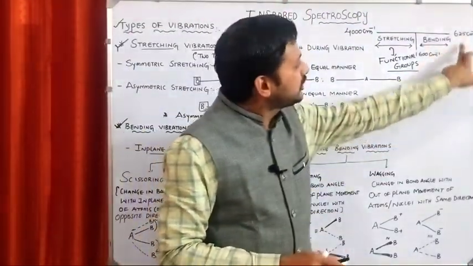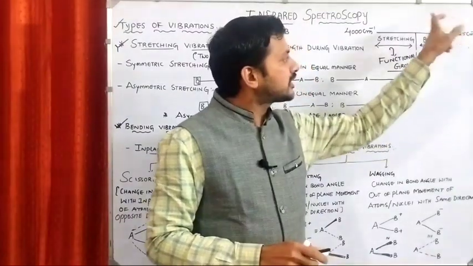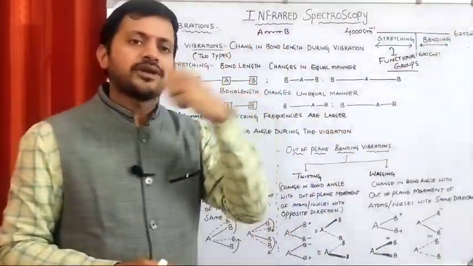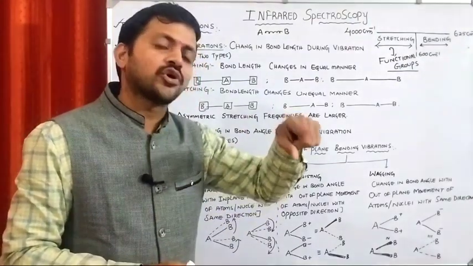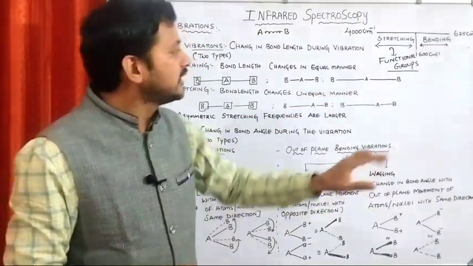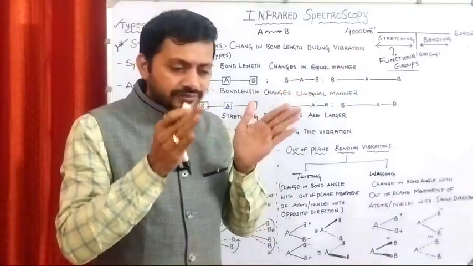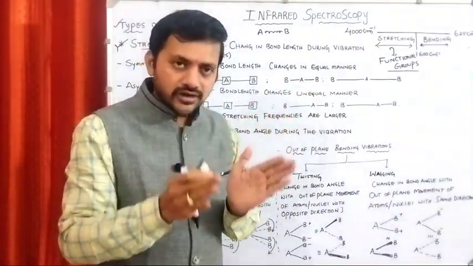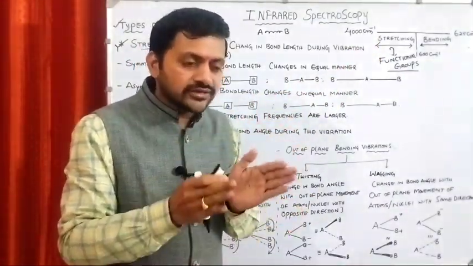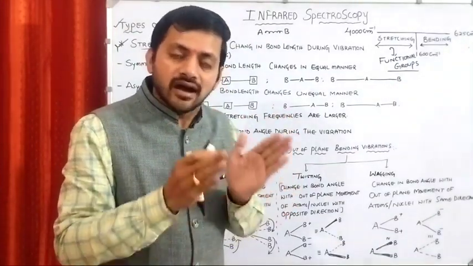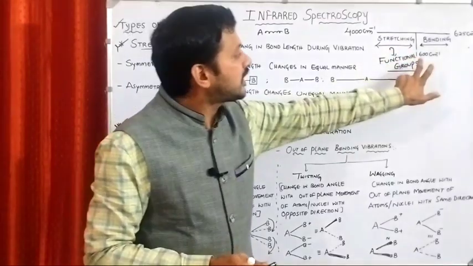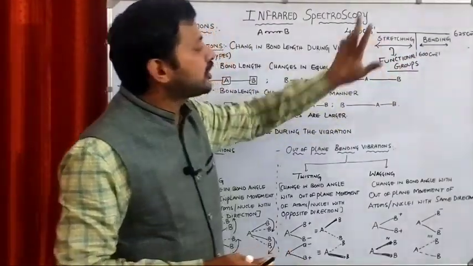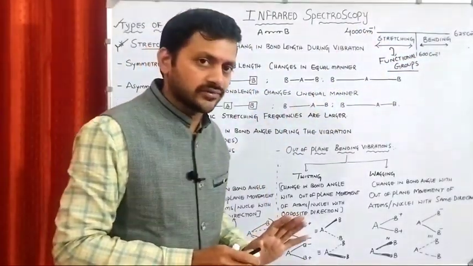Then what is the use of the frequencies which come in the region 625 to 1600? We will discuss in later classes. Simply remember, whatever organic functional groups we have, those functional group frequencies are always stretching frequencies. Those are observed in between 1600 to 4000 centimeter inverse.